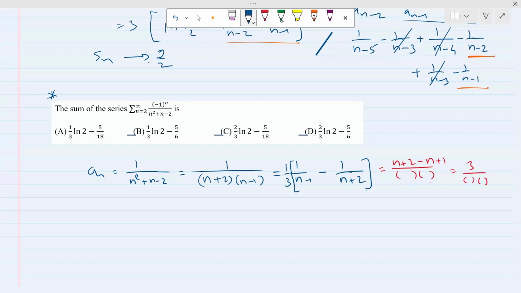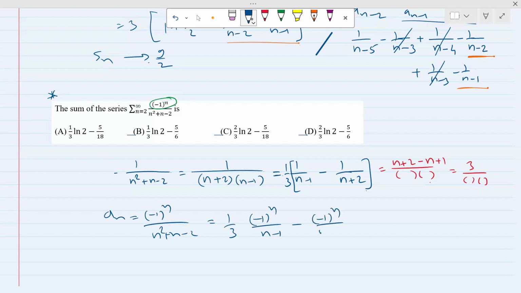But you also have minus 1 raised to n here. So let's multiply by that. So an will be minus 1 raised to n upon n square plus n minus 2. So that is nothing but 1 by 3 times minus 1 raised to n upon n minus 1 minus minus 1 raised to n upon n plus 2.